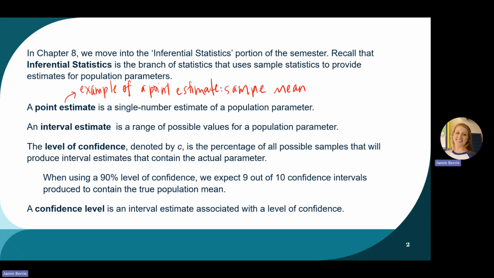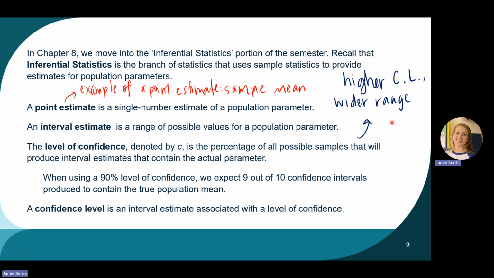All right, so let's write that down. The higher your confidence level, the wider your range, right? So if you want to be really confident, if you want to do a 99% confidence interval or a 98% confidence interval, that range of numbers is going to get wider and wider.